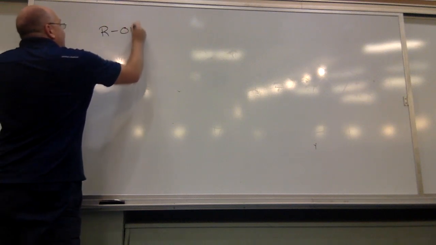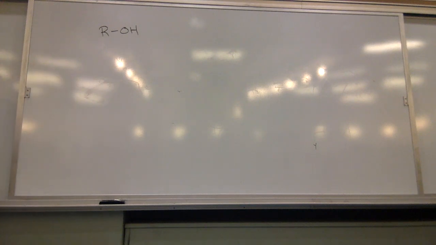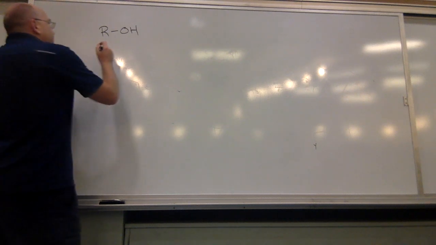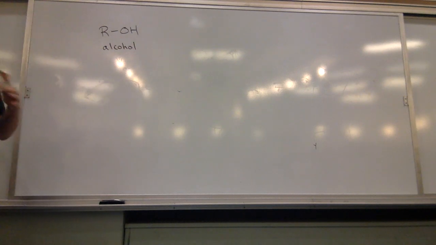Two days in a row of organic chemistry. Thrilled. Chemistry involving alcohols. An alcohol functionality is one in which a carbon of some sort is bonded to an OH group, okay?